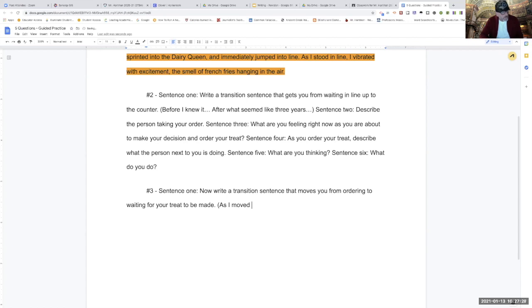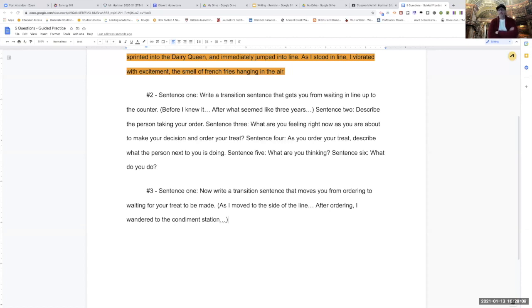So as I moved to the side of the line, after ordering, I wandered to the condiment station, whatever. So again, we're writing an embedded transition sentence that's moving us from ordering to waiting for your treat to be made.